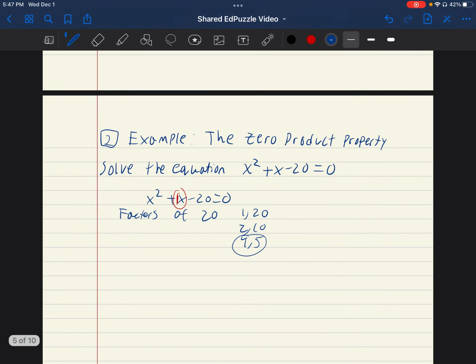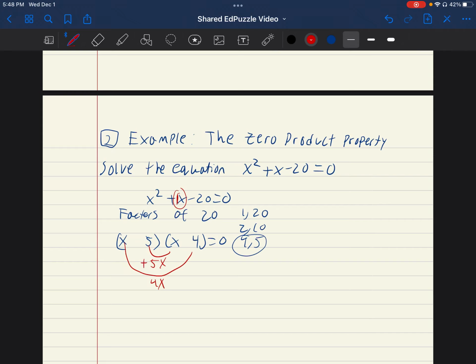So we have (x)(x) is equal to 0. We don't know which one will be positive and which one will be negative. We have 5 and 4, so 5x and 4x. Now we have to find which is which.